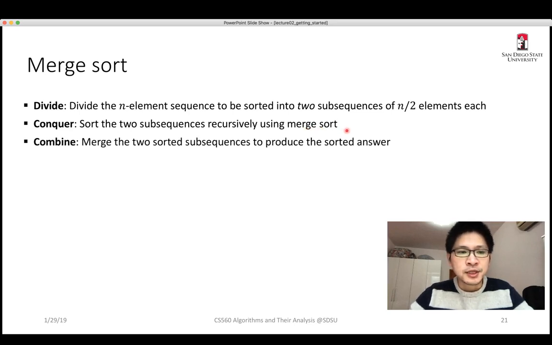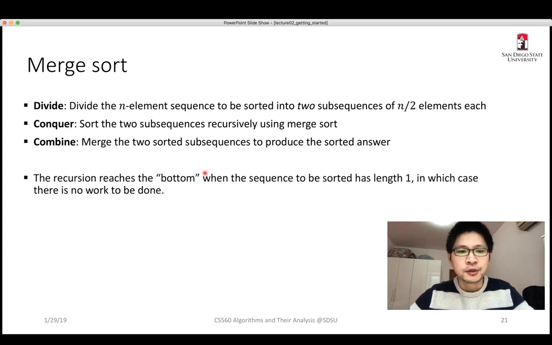The third step is to combine. We merge the 2 sorted subsequences to produce the sorted answer to the original problem. The recursion reaches the bottom when the sequence to be sorted has just one element in it. It has length 1. In this case, there's no work to be done. We don't need to do anything about an input sequence of length 1.